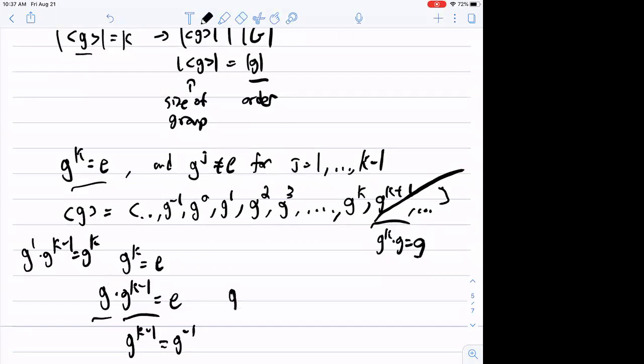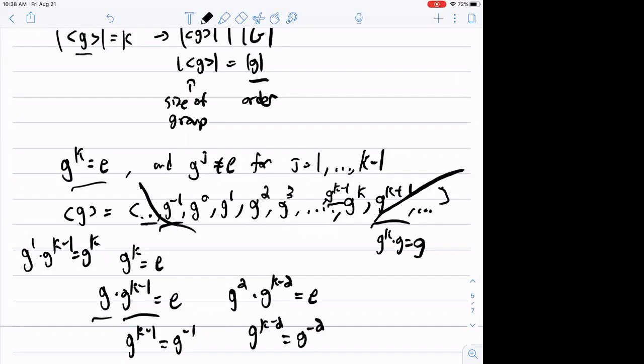And similarly, g squared times g to the k minus 2 is e, so g to the k minus 2 is g to the negative 2. I didn't write it, but g to the k minus 1 is just this, and g to the k minus 2 is just the next one.